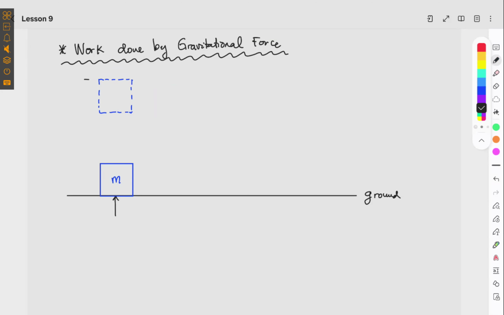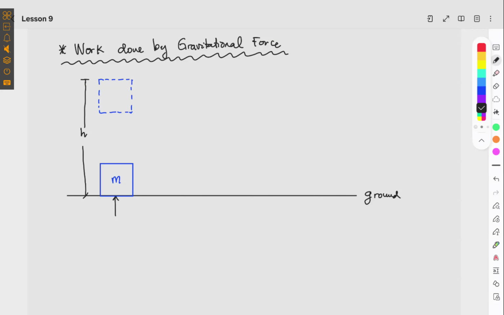Now, what happened after it reaches this point? It falls back down, right?